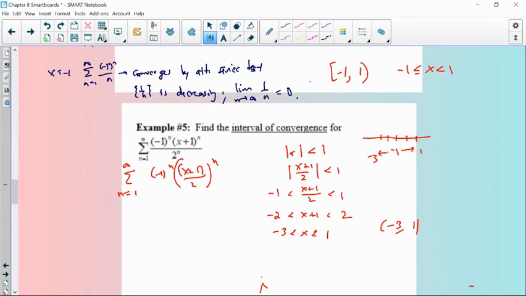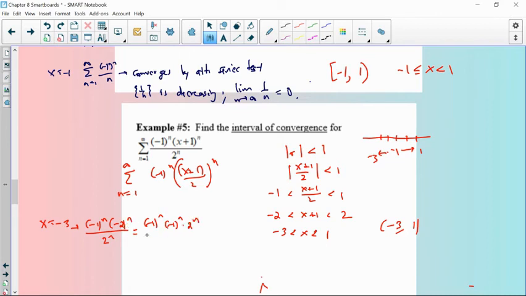What happens when x is -3? Well, when x is -3, then I get -3 plus 1, which is -2. So I get (-1)^n, and then (-2)^n, all over 2^n. Well, if I want to simplify that, (-2)^n could be thought of as (-1)^n times 2^n.